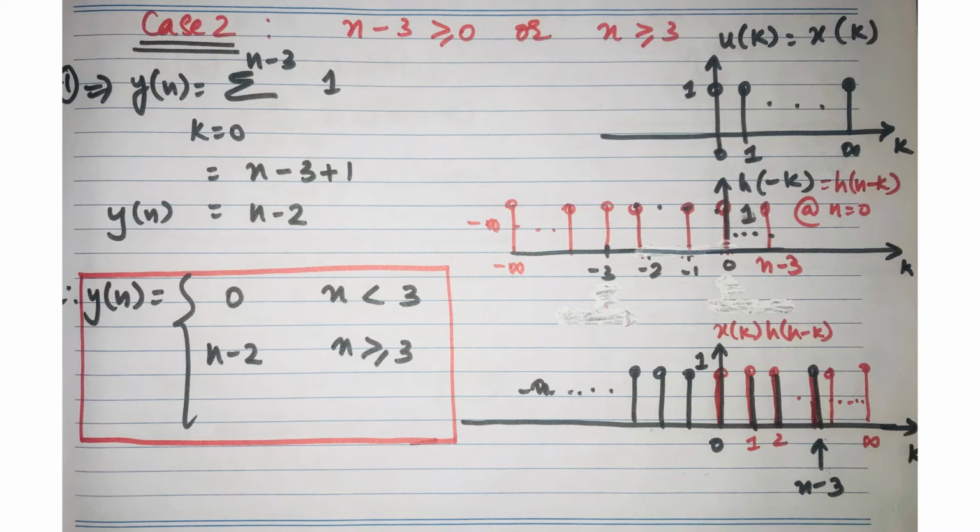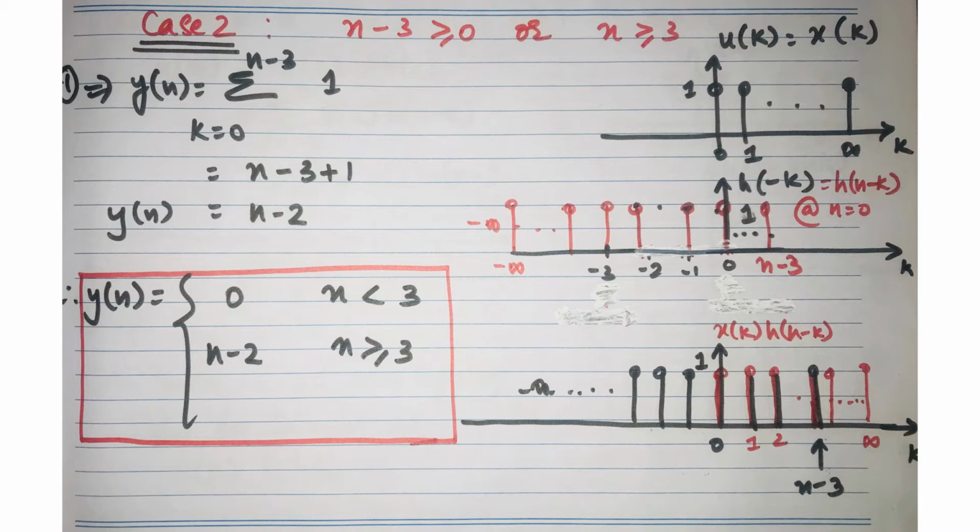So when you see the product now, the samples of x of k and h of n minus k, we can multiply the samples between the range 0 to n minus 3. So now the convolution sum summation will change to 0 to n minus 3, and since we are multiplying u of k and u of n minus 3 minus k, that product will become 1. So when we simplify this, y of n will take the value n minus 2.